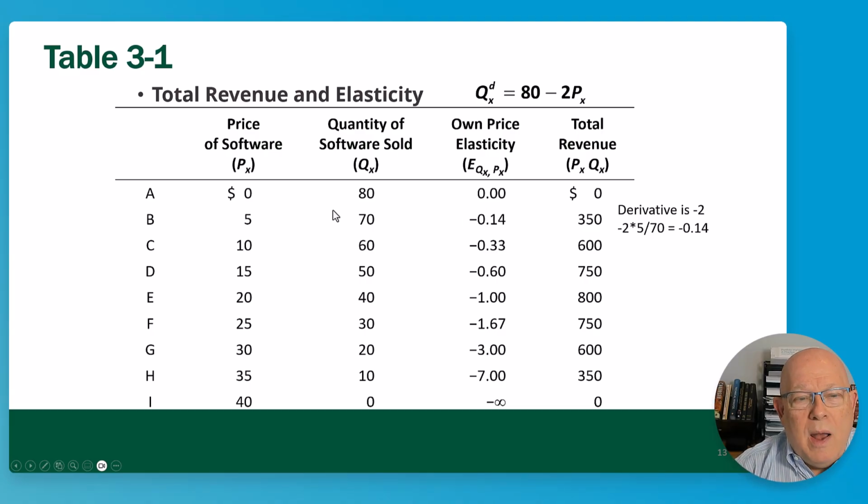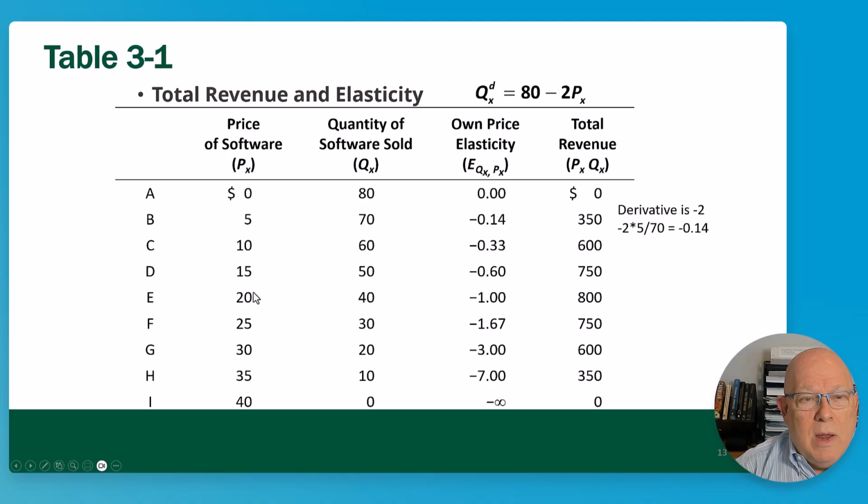If we raise the price from $5 up to $10, we're going to get a slight reduction in the quantity demanded because it's very low elasticity. But notice as we increase the price from there, elasticity gets bigger and bigger.